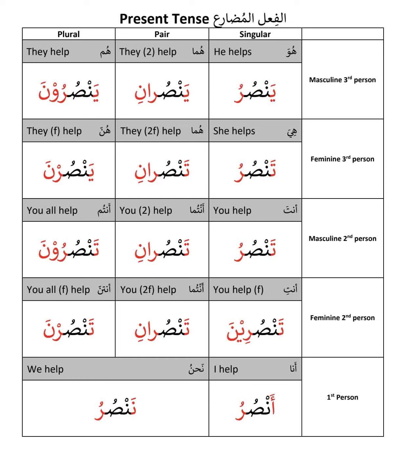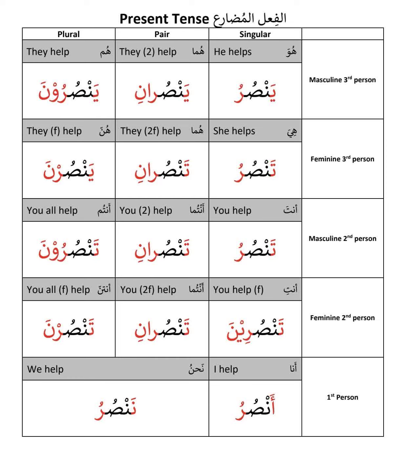Then ta and ya. So I used to remember this with anti. So all the present tense fihls start with one of these four letters, that is alif, noon, ta and ya. So that's one easy method to remember.